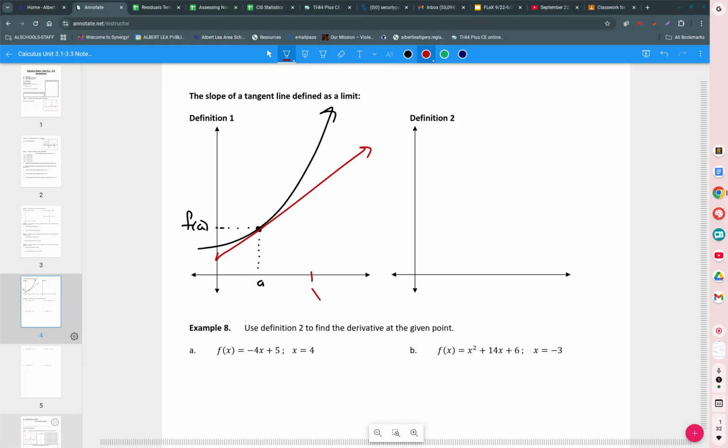We'll call that X. So what's this? F of X. And so we had F of X minus F of A over X minus A. That was the slope of the secant line.